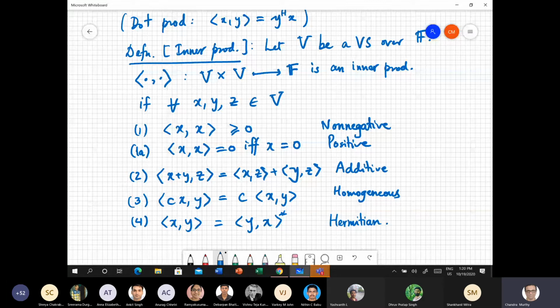Just for understanding, if you think of V as consisting of a finite number of vectors, say k vectors, then when you're taking inner products, there are k squared possible inner products you can compute. Take the first vector as the first argument and the first vector as the second argument, or first vector as the first argument, second vector as the second argument, and so on, up to the kth vector and the kth vector.